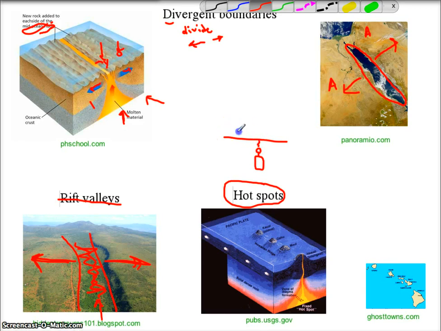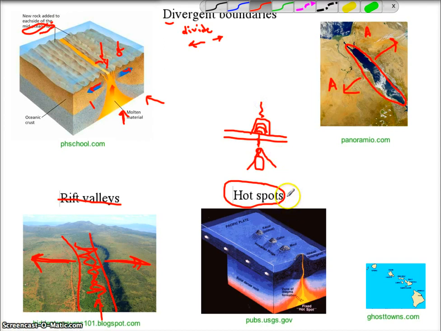Just think if you have kind of the same setup, you have magma that's underneath these plates. It's going to kind of burn into the rock. So what happens is it reaches the top here, and the magma cools and forms rock. The magma cools again and forms rock. And before you know it, you have a volcano there.